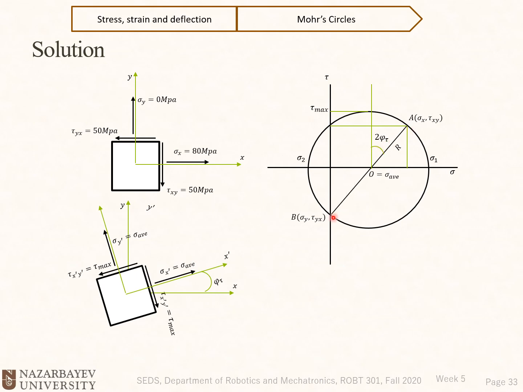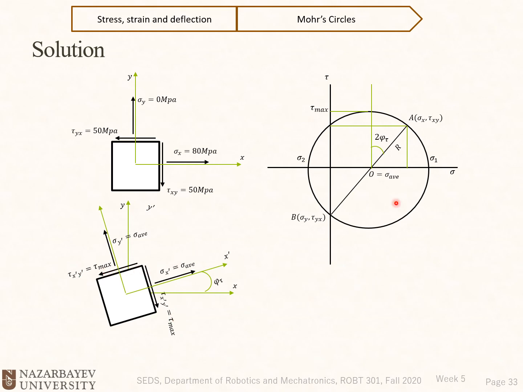Because look, this line AB is now sitting on this vertical axis here. So sigma x prime is equal to sigma average, and tau x prime y prime is equal to tau max. And tau max is the principal shear stress, or tau 1. Sometimes it is represented by tau 1.